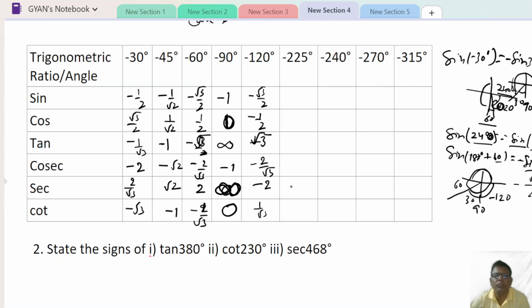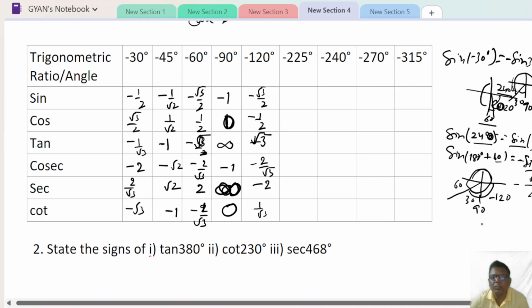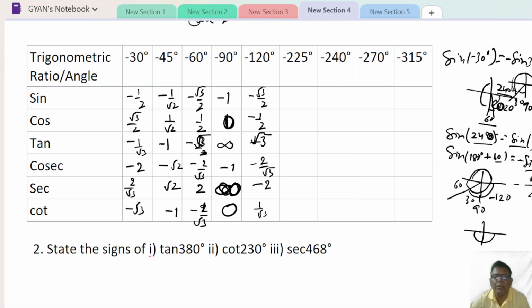Now come to the 225. So 225, here it is lying. This is 90, this is 180, and this is 225, 45 degree. That means it is second quadrant. Second quadrant, this formula you take. So this formula is cos 180 degree minus 45.